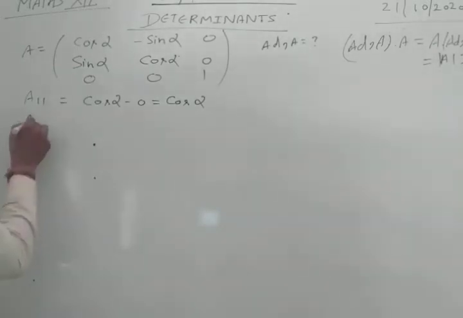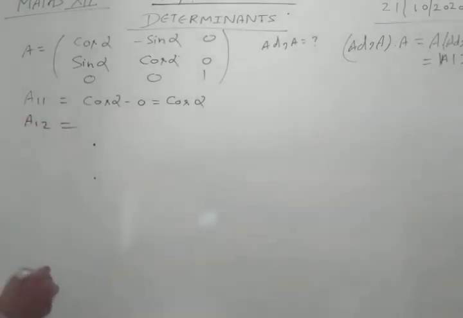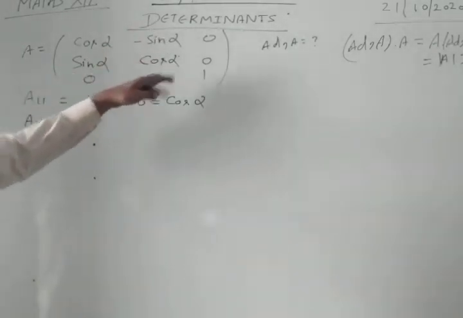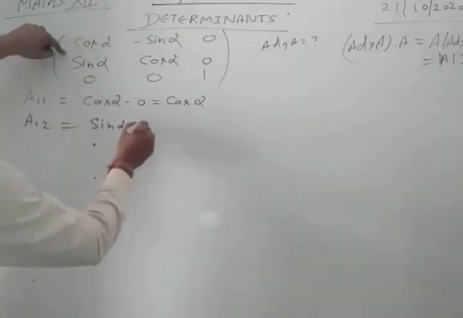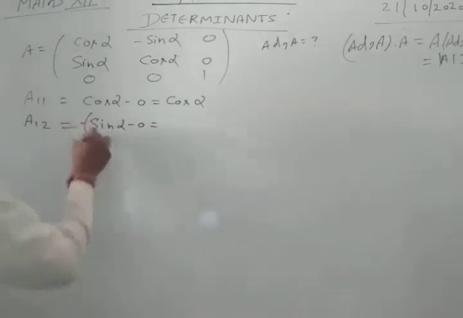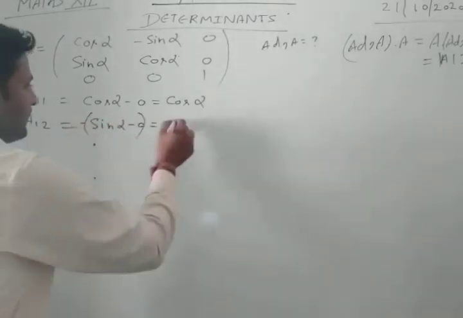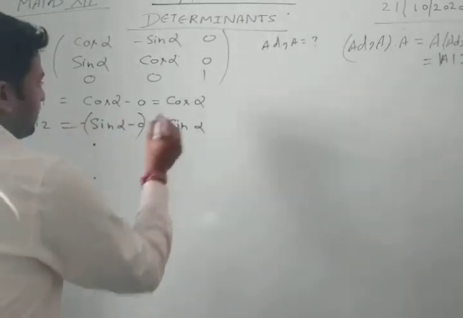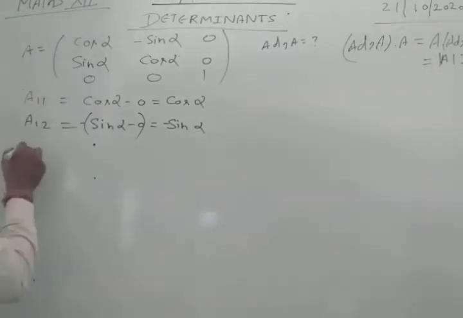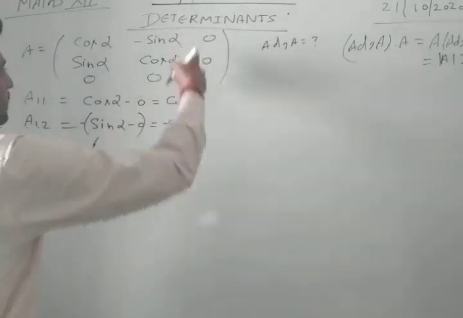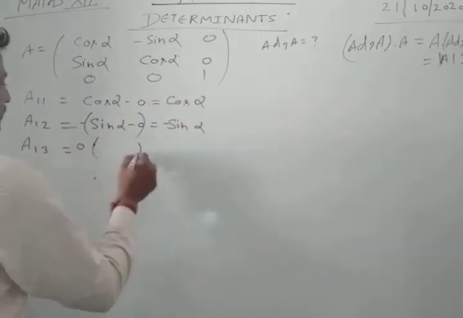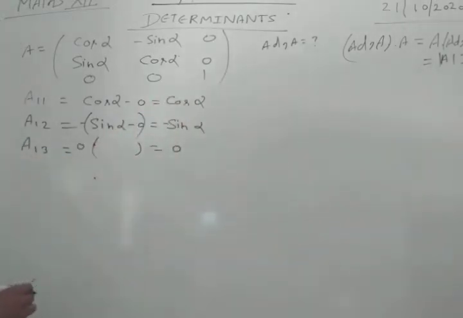Now A12 is what? This row and column will be hidden. So here it will be sin alpha minus 0, with the negative sign. So this is minus sin alpha. A13 is what? This is totally 0, because this is 0.